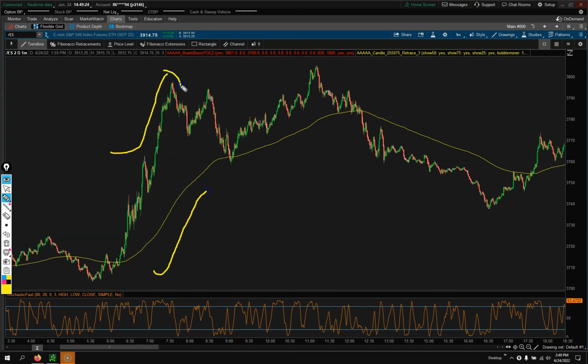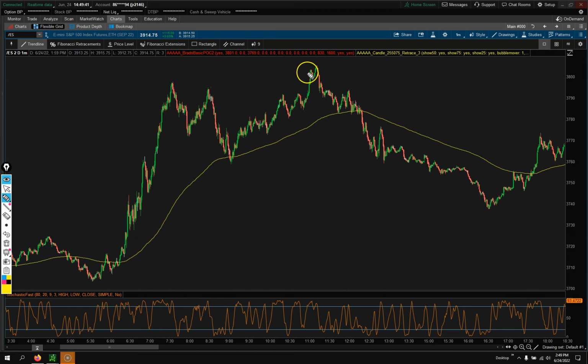And when price rolls over, stochastics roll over. In this case, price makes a lower high, so the stochastic should also make a lower high and then roll over. This is the way the market should work.